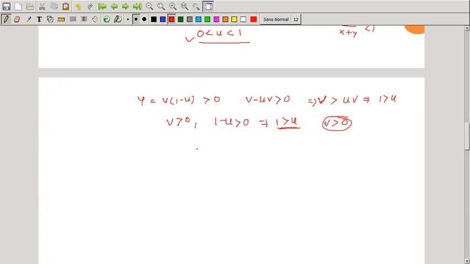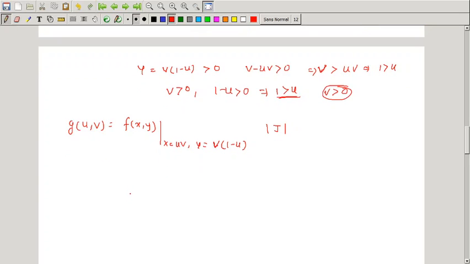So now the joint PDF of u and v, g of u, v, is equal to f of x, y, the joint PDF of x and y, where x is equal to u times v and y is equal to v times 1 minus u, and your Jacobian.